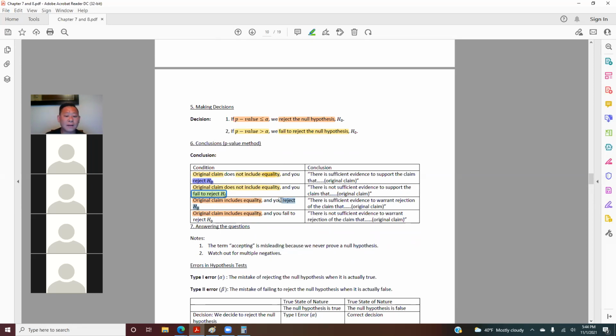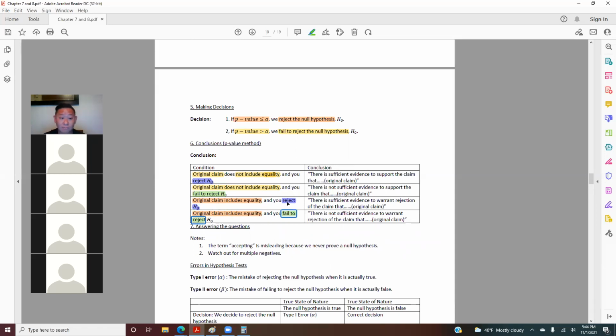If you reject the null hypothesis and your original claim includes equality, you are doing the third conclusion. And the last one is if your claim has equality but you fail to reject, then you make the 4th decision. So this is based on 2 things: your claim statement and your decision.